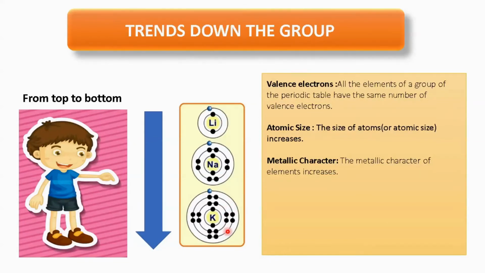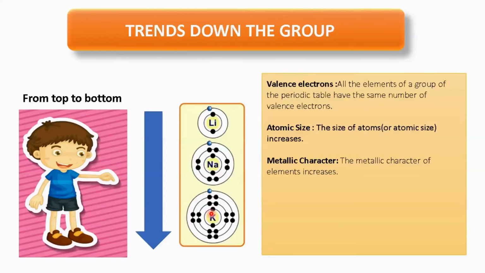Next is the metallic character. The metallic character also increases because it has a good reason. Let me explain. As we move down the group, the number of shells is increasing, and the effective nuclear charge decreases due to the increase in the distance, because the nuclear force varies inversely with the square of distance.